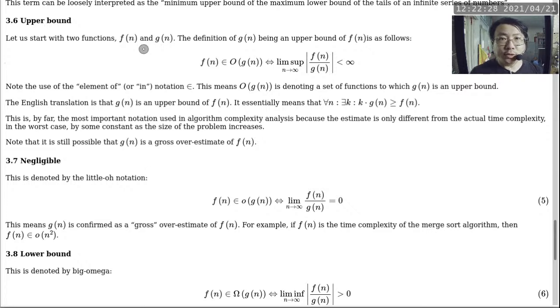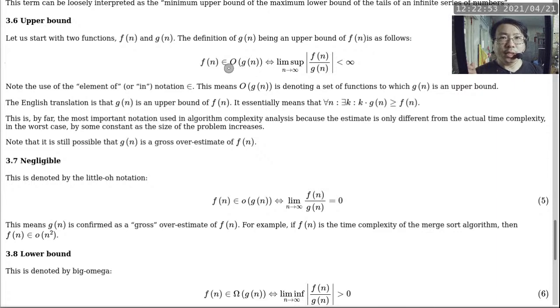So when we have these two, we are basically trying to compare two functions, function g and function f. What we are doing here is that the big O notation, interestingly, returns a set. When we apply the big O notation to g of n, it gives you a set of functions.